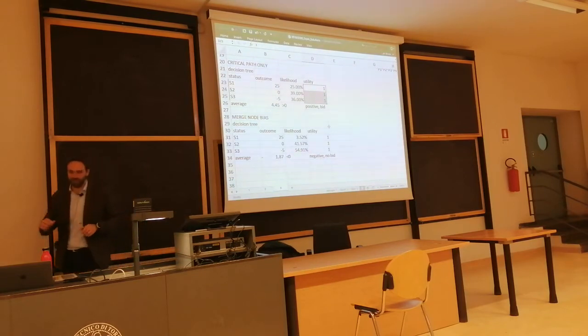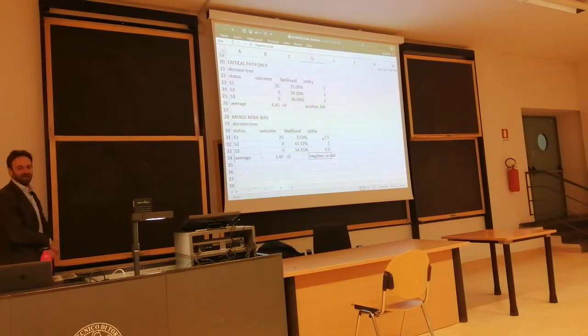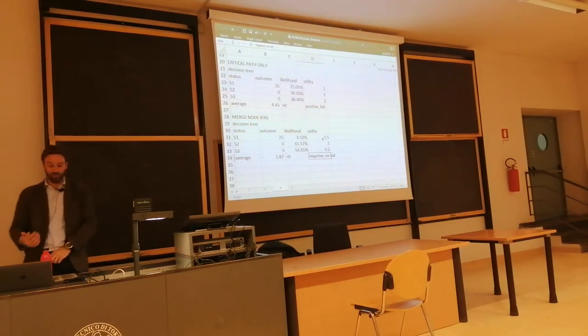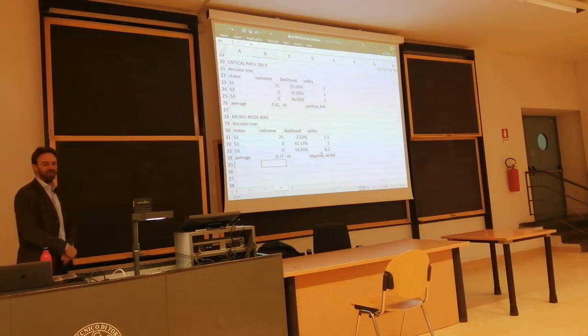If you would do that, for instance, utility here could be, we are more than satisfied to get a bonus, we are indifferent to not getting a bonus, and we are very unhappy about getting a negative outcome for the project. If this is the case, you would also multiply times the utility each one of the case scenarios, and we'll see what could happen if an individual utility function is added.